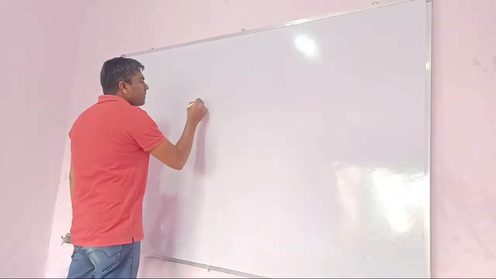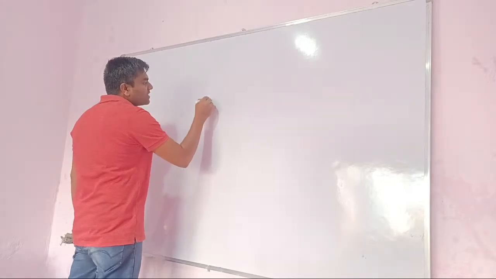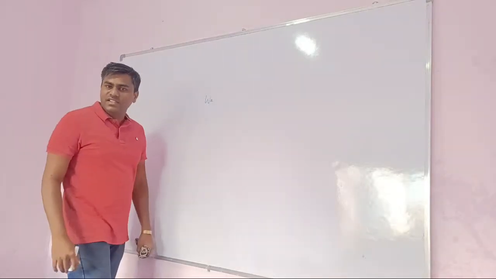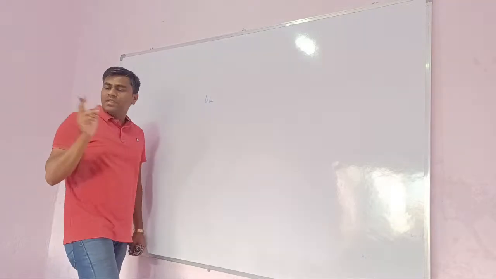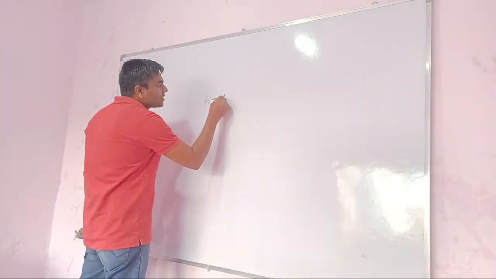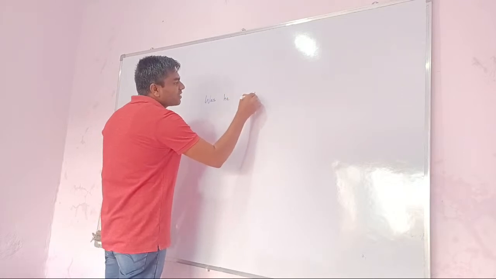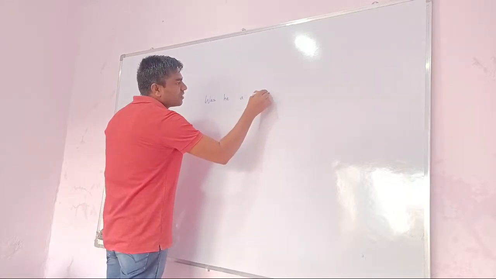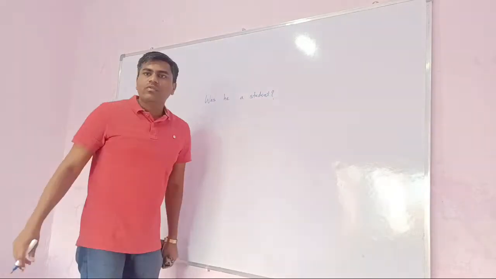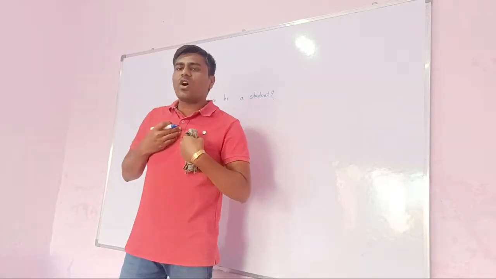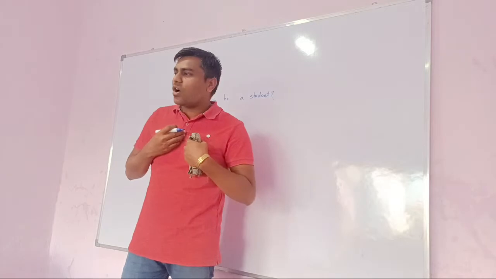I'll tell you again. Look, yesterday we had seen the sentences with was. Was he a student? We can put there of mine, of your, of him, of her, or anything.